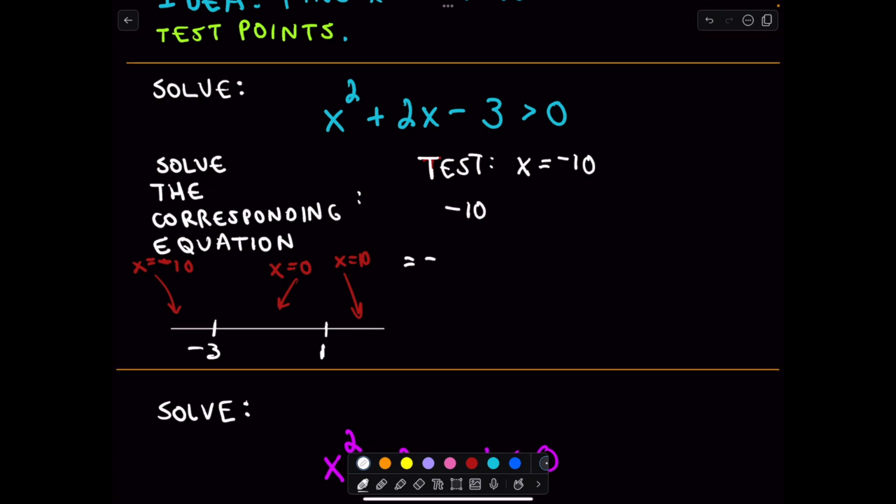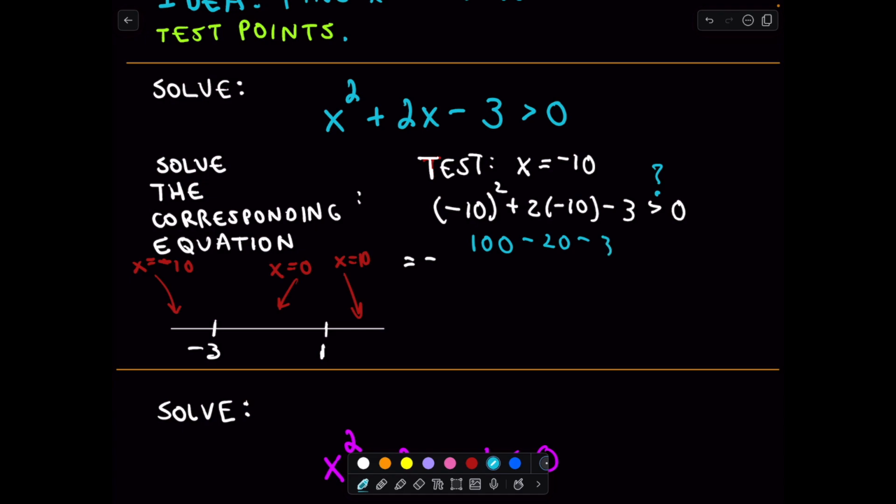I'm going to think: is negative 10 squared plus 2 times negative 10 minus 3 greater than 0? Well, I think so, because we're going to get 100 minus 20 minus 3. Well, that's definitely going to be larger than 0. So negative 10 works.